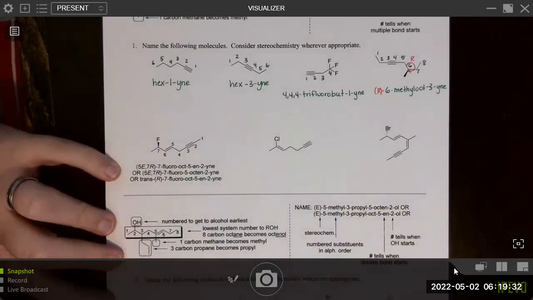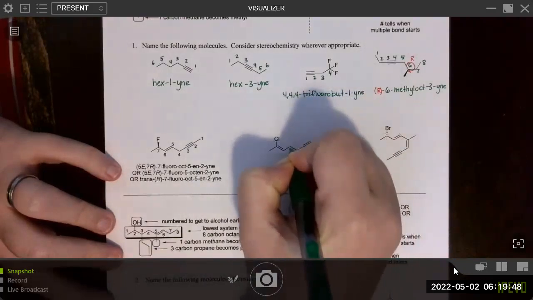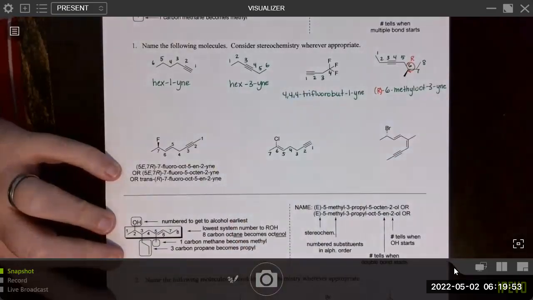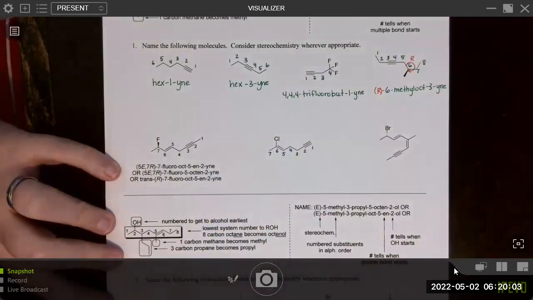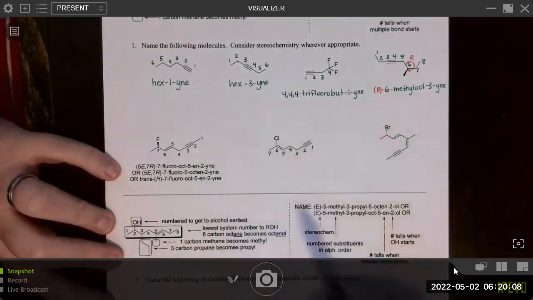Let's go ahead and practice that skill with this structure over here. So we want to number to give the lowest number possible for the alkyne carbons. We'd have 1, 2, 3, 4, 5, 6, 7. Substituents are just the fluoro group. Everything else is part of the parent. And this is going to have some stereochemistry. Between the chlorine and methyl, the chlorine takes priority.